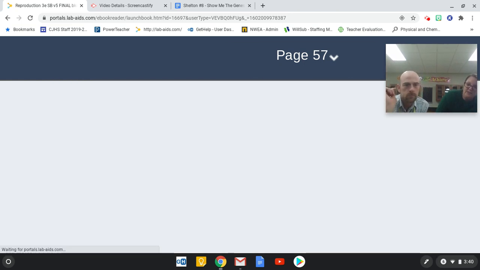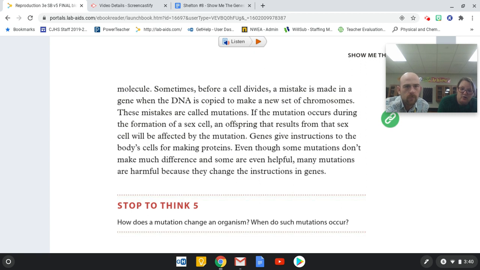Sometimes, before the cell divides, a mistake is made in the gene when the DNA is copied to make a new set of chromosomes. These mistakes are called mutations. If the mutation occurs during the formation of a sex cell, an offspring that results from the sex cell will be affected by the mutation. Genes give instructions to the body cells for making proteins. Even though some mutations don't make much difference, and some are even helpful, many mutations are harmful because they change the instructions in the genes.